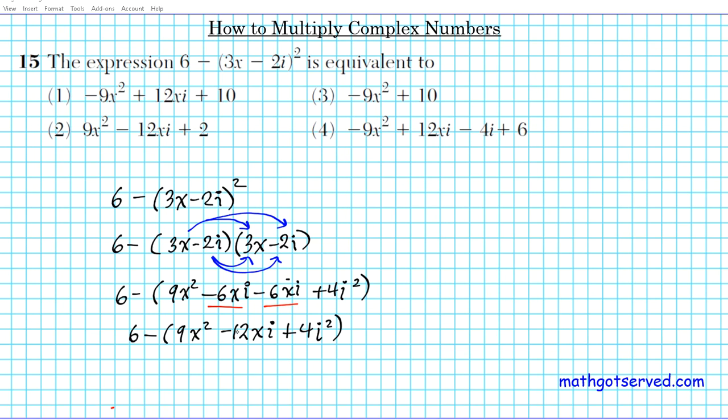Alright, so that leads us to the question, is this quantity in this parenthesis, 9x squared minus 12xi plus 4i squared, has it been simplified completely? That's the question.